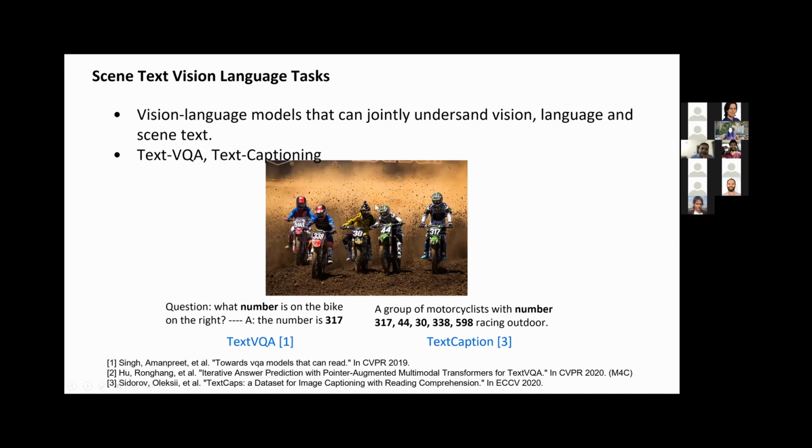For text captioning, the input is still the image, and the expected output is natural language sentences describing the image, which is most likely relevant to the text that appeared in the image. For example, given this image, text captioning may generate a sentence like a group of motorcyclists with numbers 317, 44, 30, 338, 598 racing outdoors.